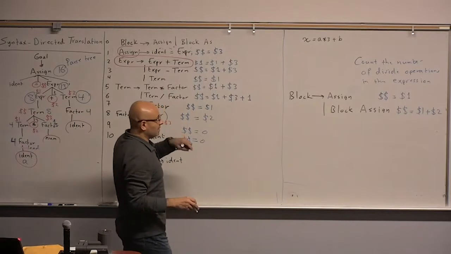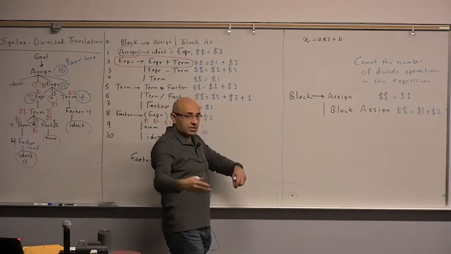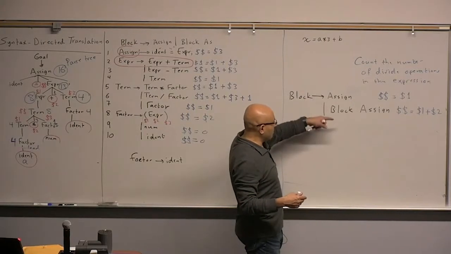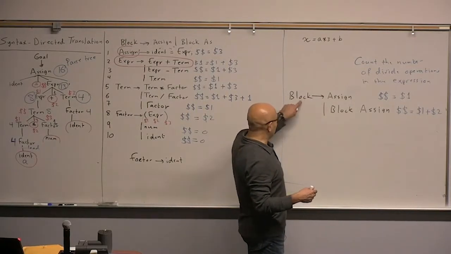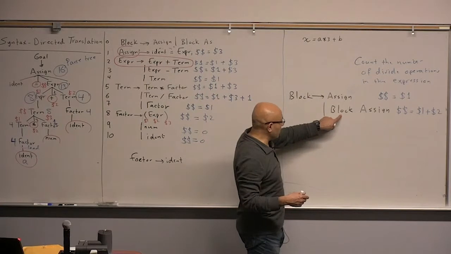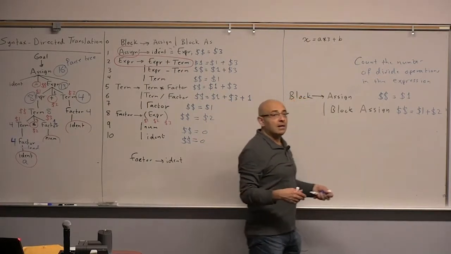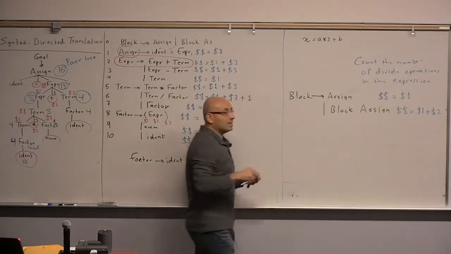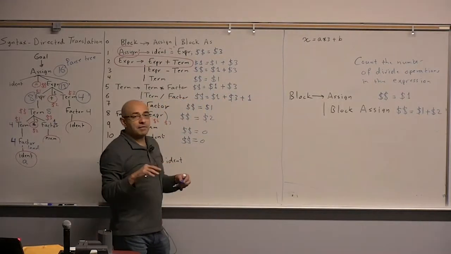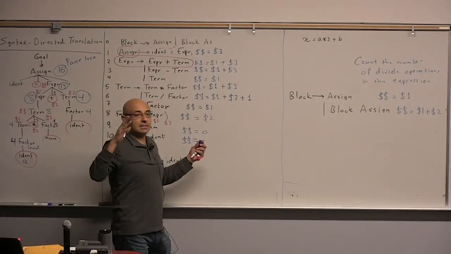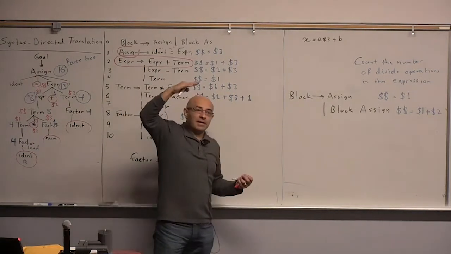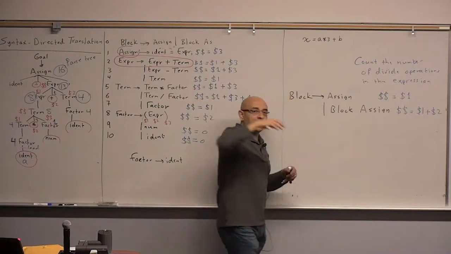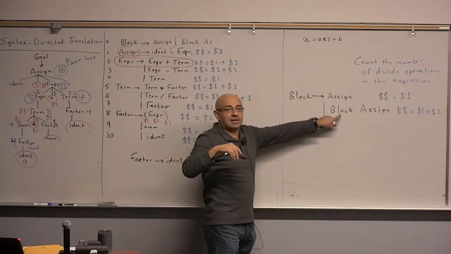Because we are doing the recursion, so when we do the recursion, the number of divides in the big block is equal to this block plus the assign. And what will this block have at some point? If we have 10 assignments in this block, when we do the final reduction, this assign is going to be the last assignment, and this block is going to have 9 assignments in it.